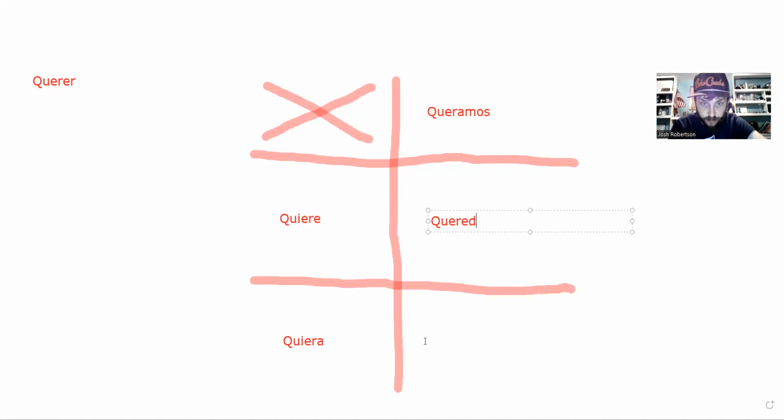Ellos, ellas, ustedes quieran. Now, the verb querer in the imperative affirmative is nothing in the yo form, tú quiere, él, ella y usted quiera, nosotros, nosotras queramos, vosotros, vosotras quered, ellos, ellas, ustedes quieran.